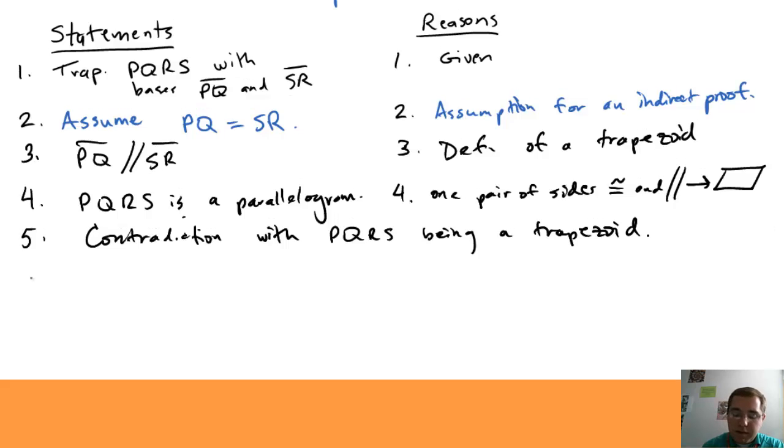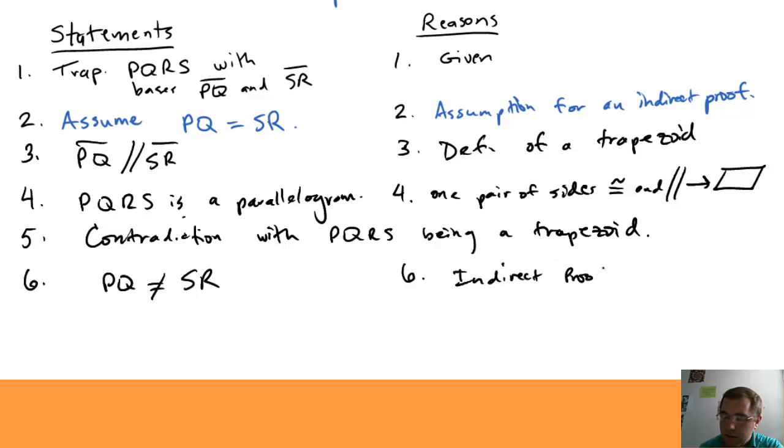So that means PQ must not be equal to SR. Our assumption must be wrong. And for the reason, I will just put indirect proof.